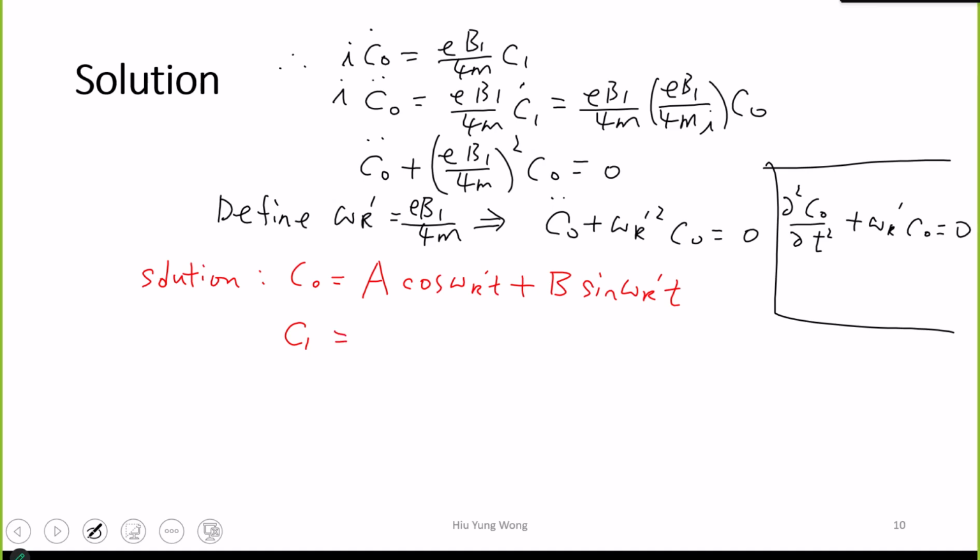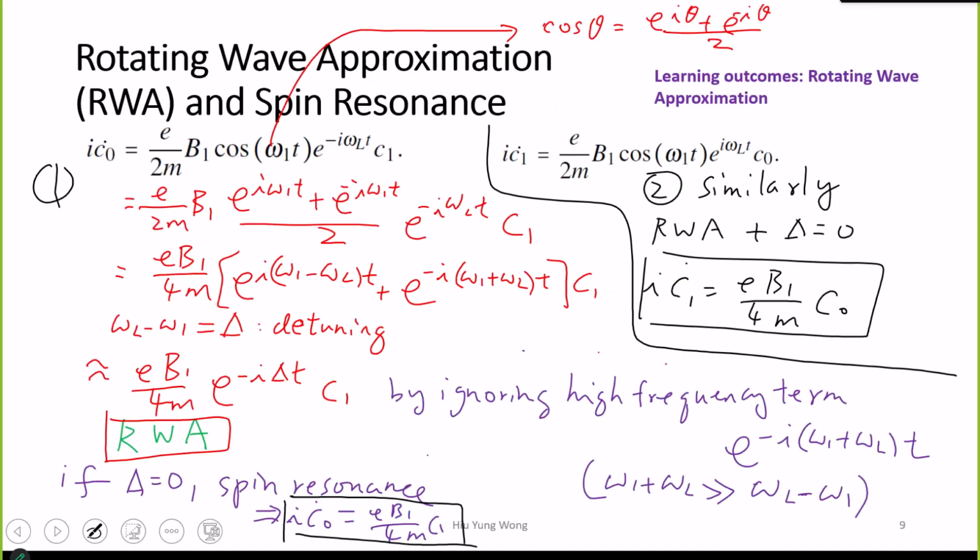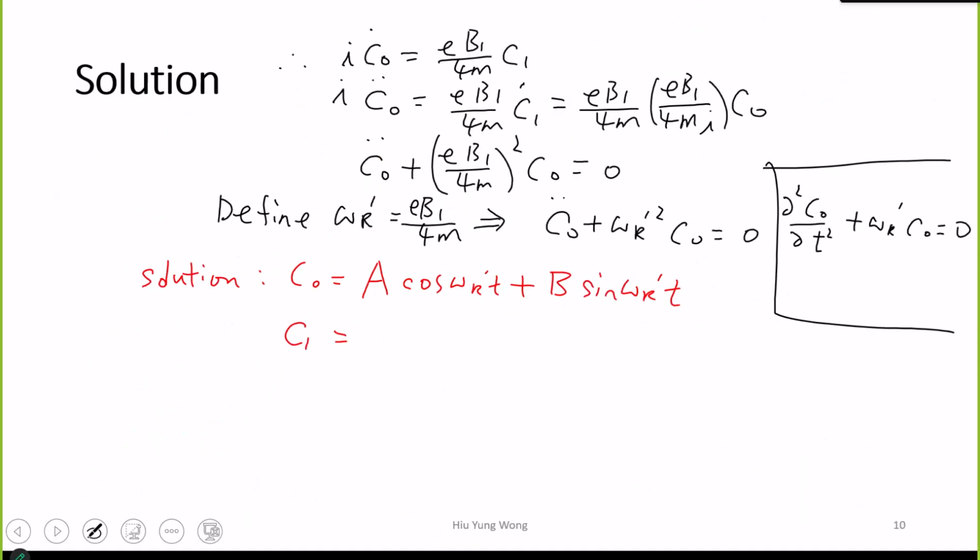You may think that this is difficult, but we already know the relationship between C1 and C0 from these two equations, right? So I just give you the answer: C1 equals IA sine omega R dash T plus IB cosine omega R dash T. And here again, it confirms what I told you earlier.